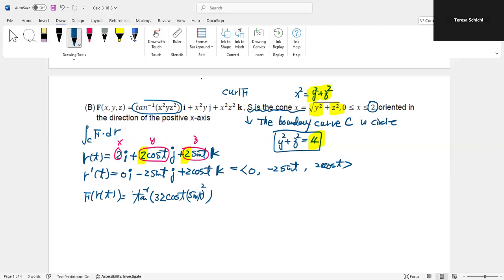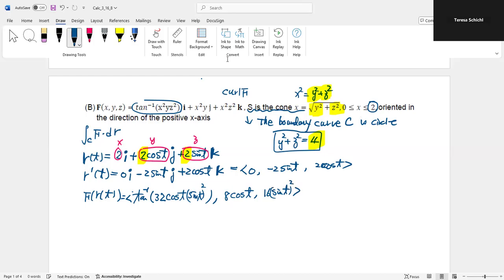Then my j, x squared y, will be 4 times y, so it will be 4 cosine t, correct? And then x squared z squared, so it's 4 times 4, so it's 16 sine t squared.